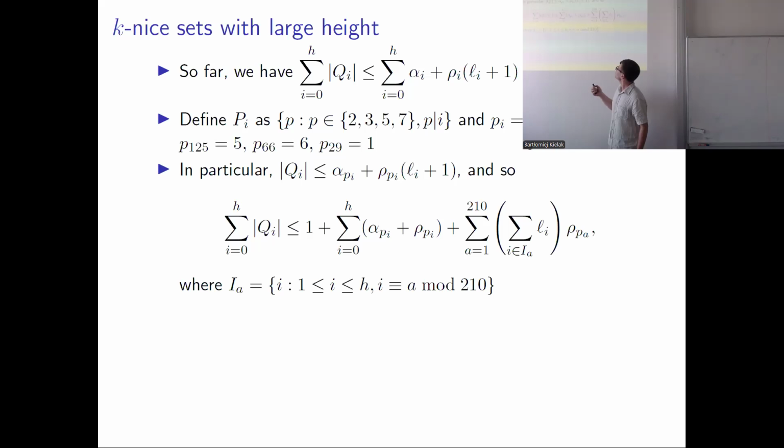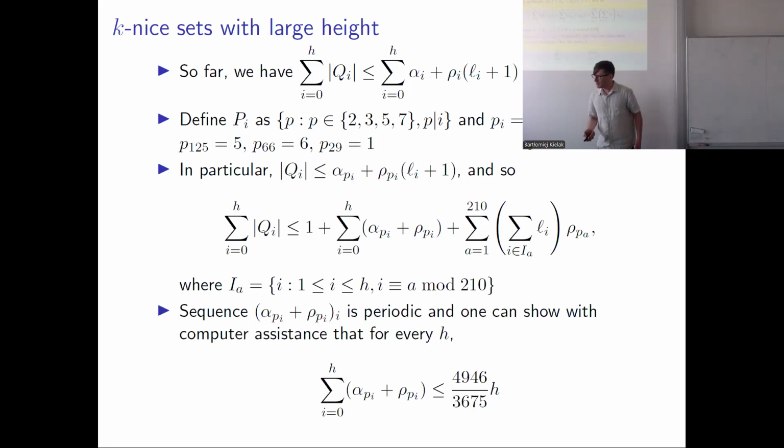And there is also the sum of these coefficients. But right now, these things are periodic because the P of i's are periodic. And because they are periodic, they are definitely bounded by h times something. But since a computer can compute all of the coefficients, we can actually get as exact a bound as possible.